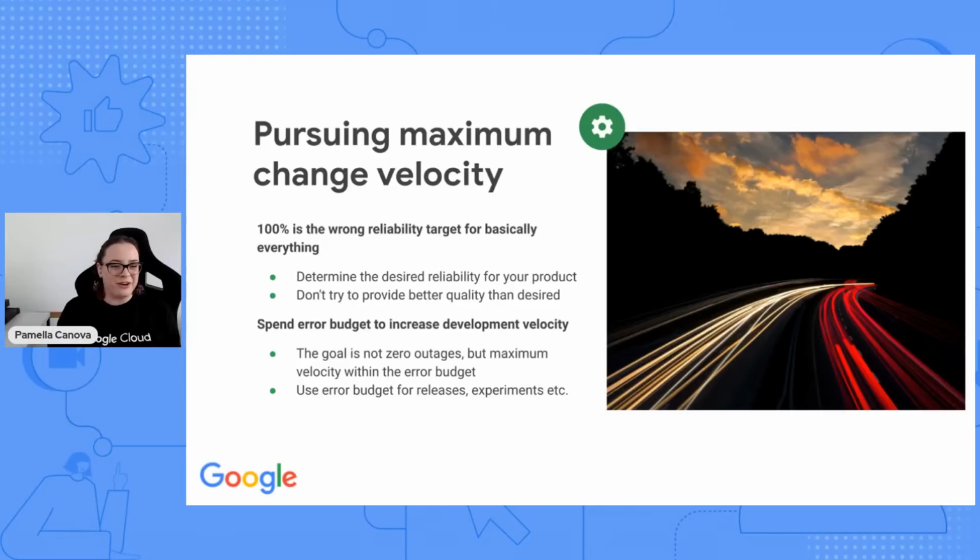We don't need to be afraid of using the error budget. The goal is having zero outages, but sometimes it's wise to use it if we haven't used it yet, to improve the product or the system.